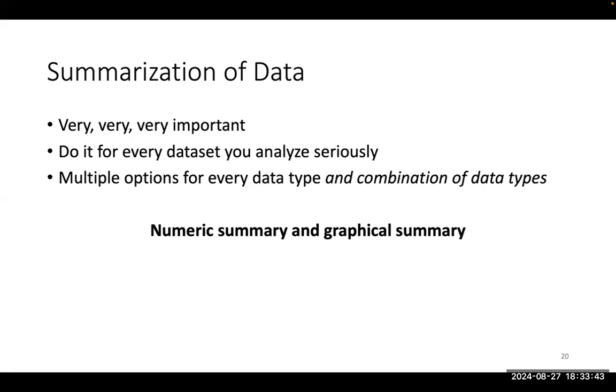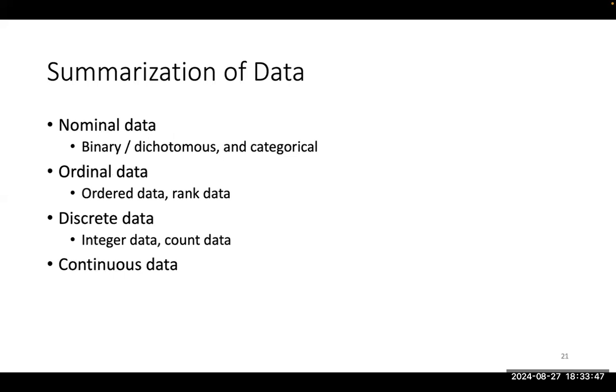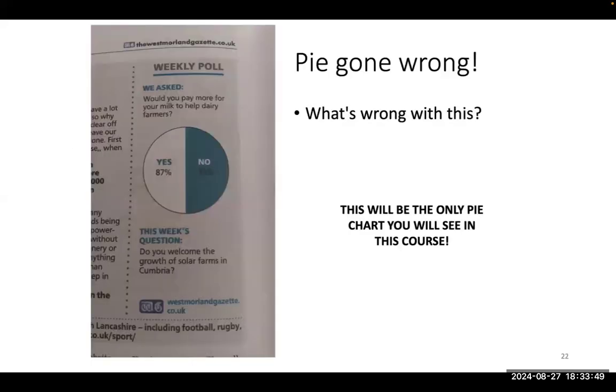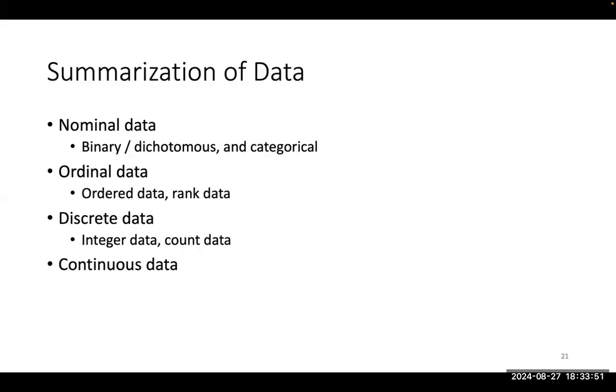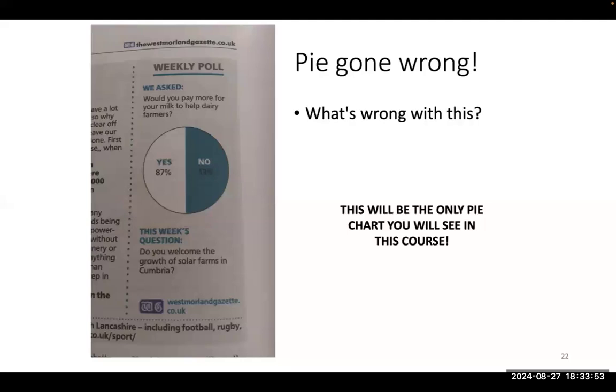Okay, so you basically distinguish between a numeric summary and a graphical summary. You can do this for all of these data types. Please do not use pie charts. Every statistician will basically tell you to never use a pie chart because it's a very little to non-informative graph.